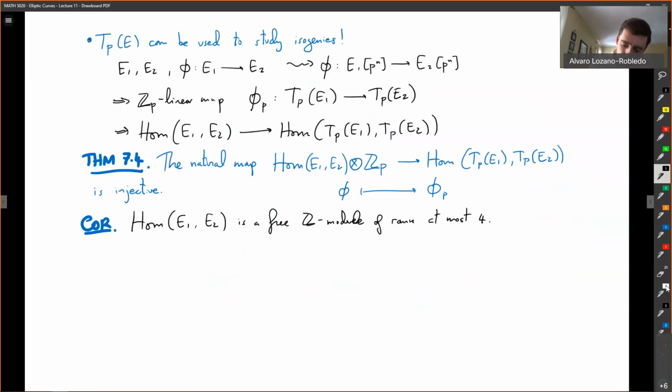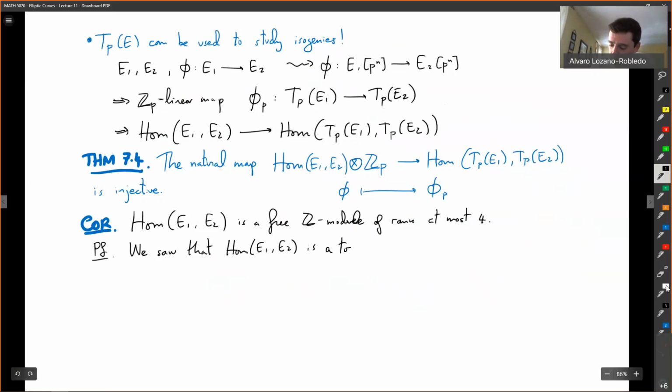Okay, so here's the proof of this fact. First, we saw before, actually also using isogenies, that Hom from E1 to E2 is a torsion-free Z module.